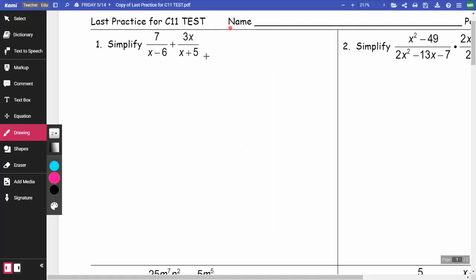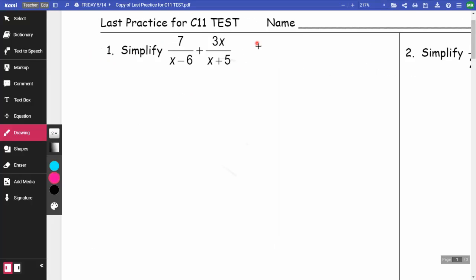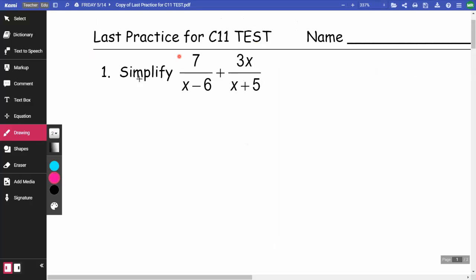So on a problem like number 1, we have an addition problem with rational expressions. So we have to get a common denominator. So we have an x minus 6 here, and we have an x plus 5 here. I am going to need to have both of these denominators.